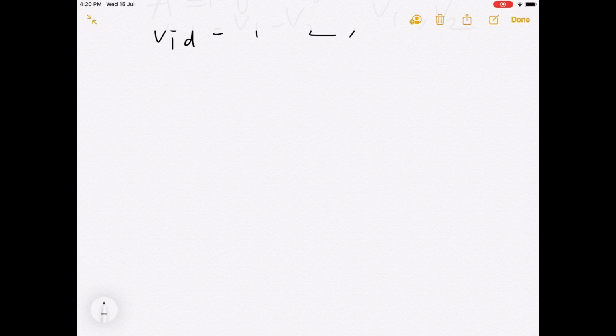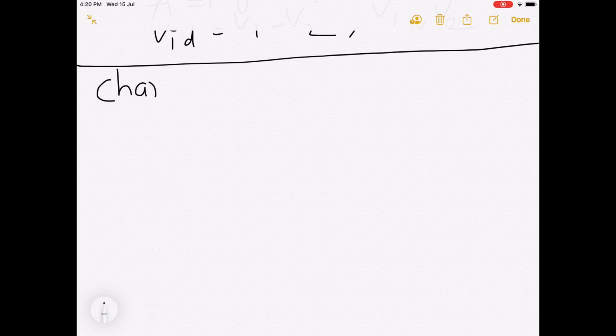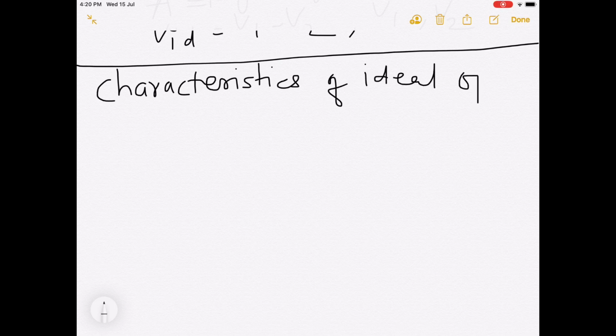So, the next point is the characteristics of an ideal op-amp.